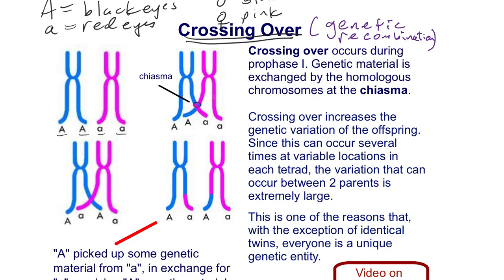And as they cross over, genetic recombination, they exchange pieces, so that in your germ cell, now you have a new mixture of alleles in each chromosome where a crossover occurs.